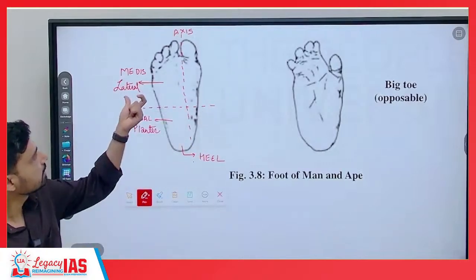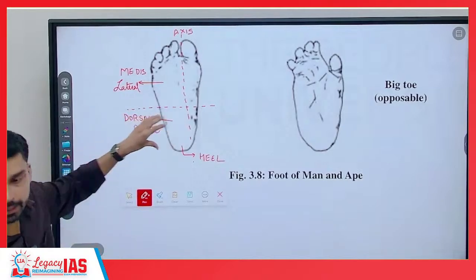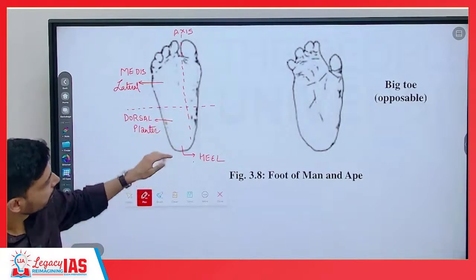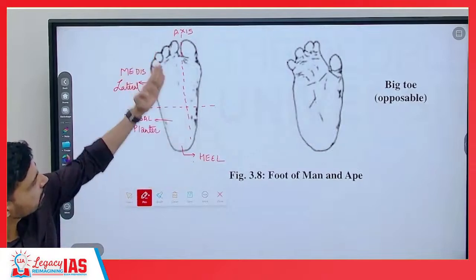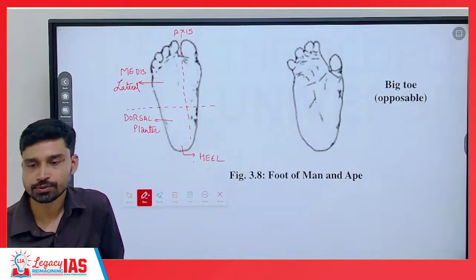We have medial and lateral. We have dorsal and plantar. This is the heel, which all of you know, and this is the horizontal and vertical axis of the foot.